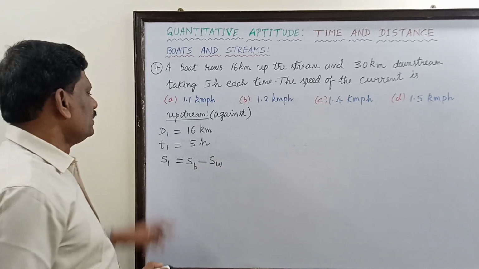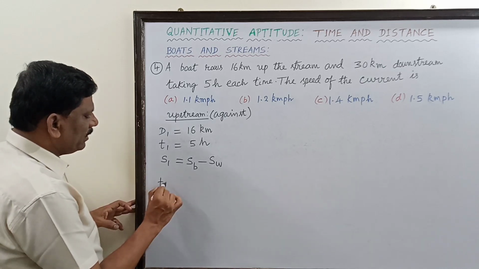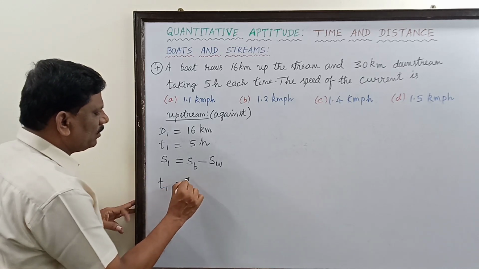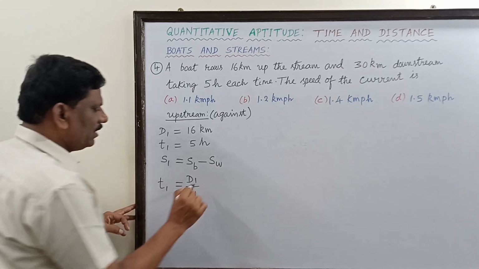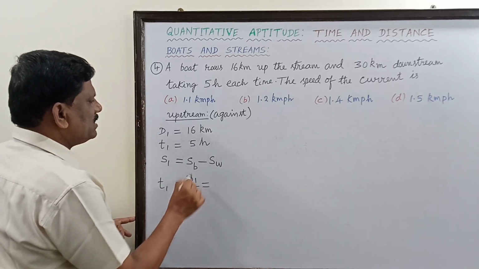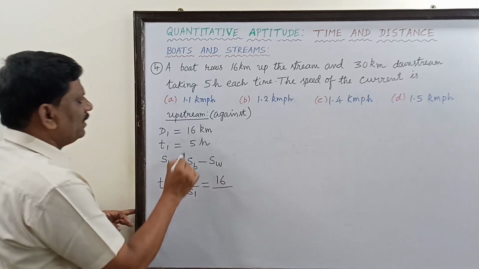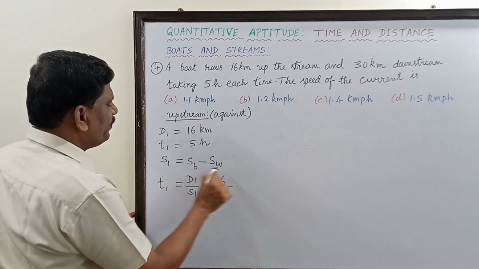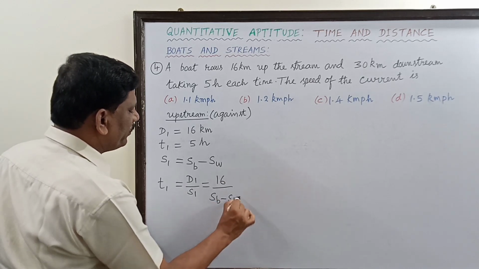Okay. So now we write the equation. Time T1, time is equal to distance divided by speed. So distance is what? 16 kilometers. So 16 kilometers divided by SB minus SW.